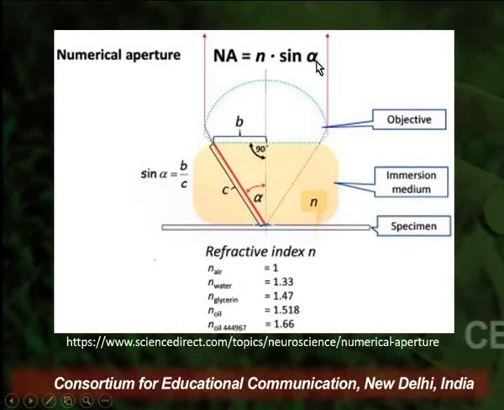And as we have already discussed, sine alpha could have a practical maximum value of 90 degrees. So this value could be 1. So numerical aperture would greatly depend upon the immersion media which we are using.